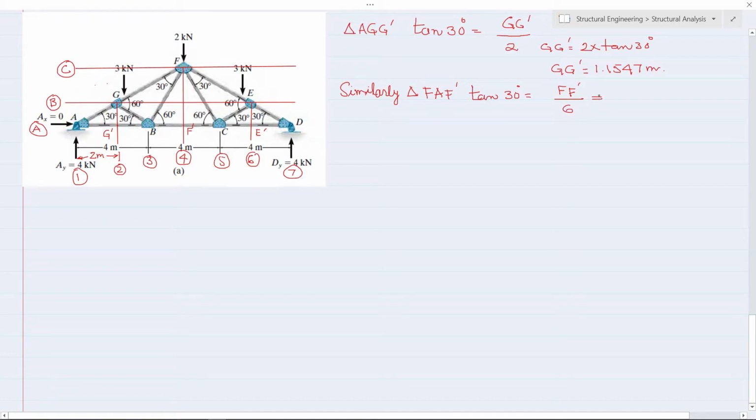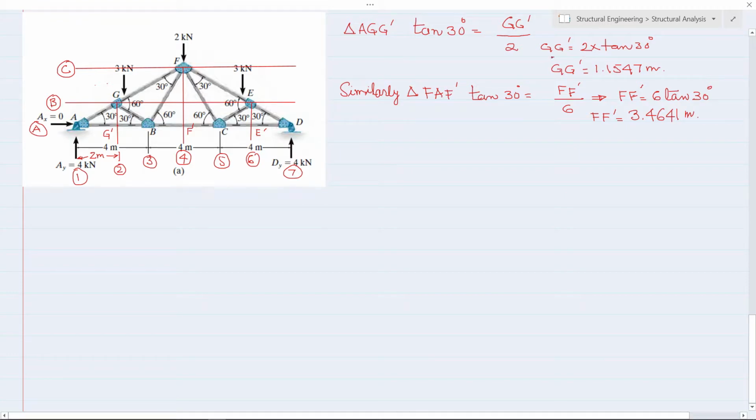So FF dash will be equal to 6 times tangent of 30 degrees. Tangent of 30 multiplied by 6 comes out to be 3.4641 meters.